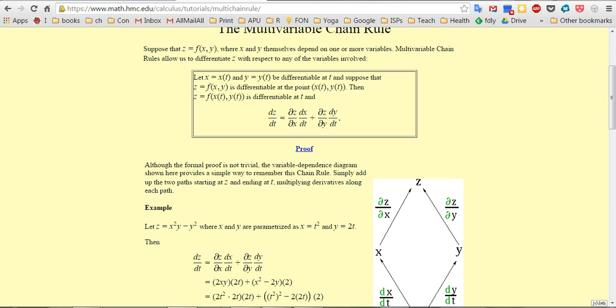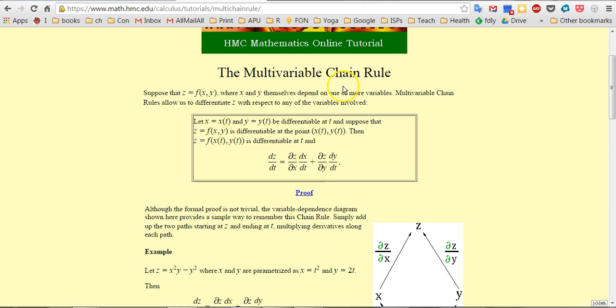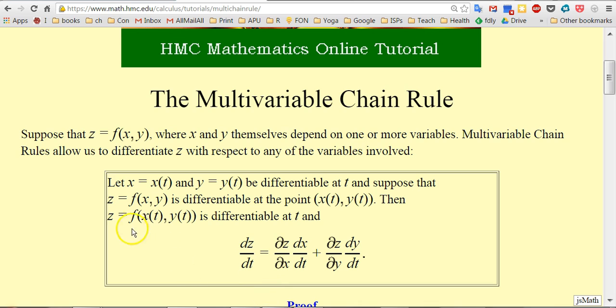So let me remind you of something called the chain rule in calculus, and we need it in the case where we're doing multivariable calculus. Basically here we have a function z, which is a function of two variables, x and y.